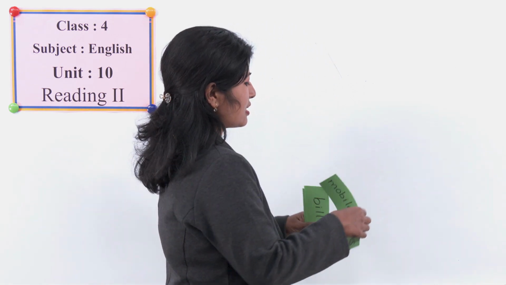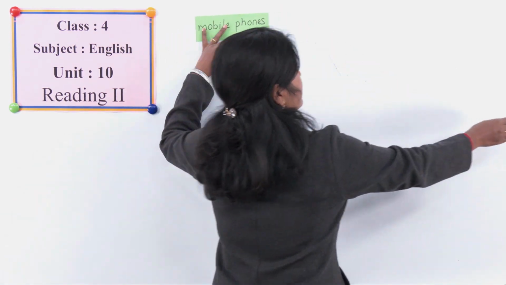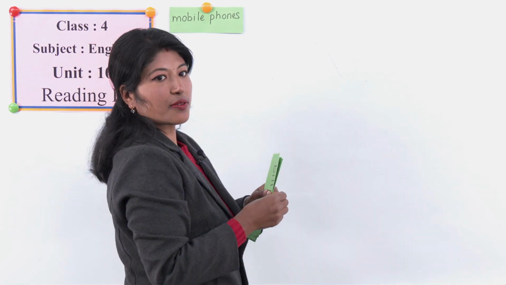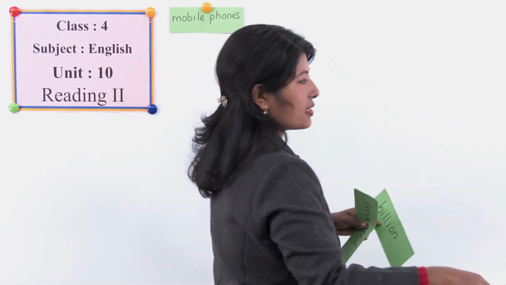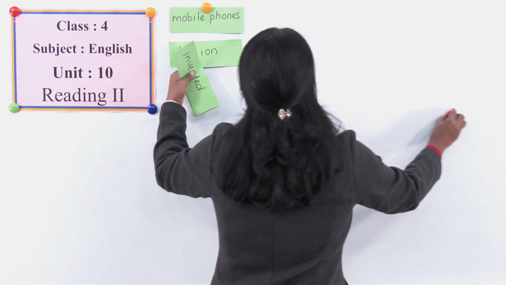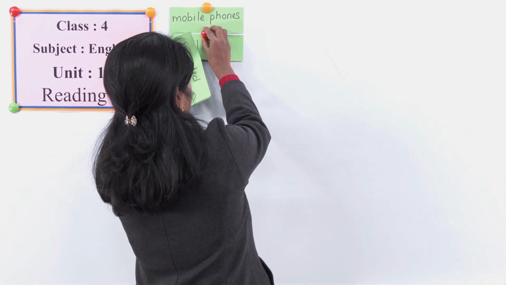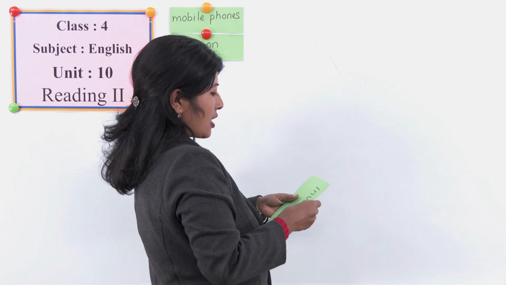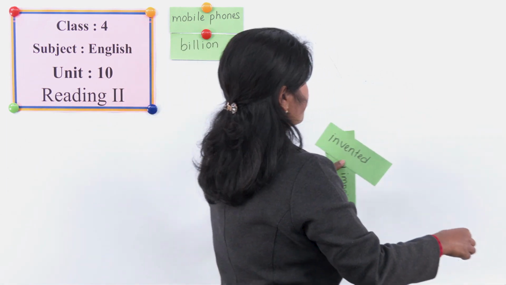Which are the words? First word is mobile phones, right? Then billion. Next word is billion. Another word is invented.